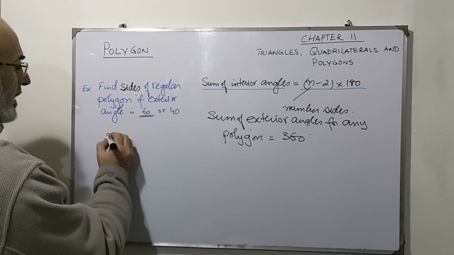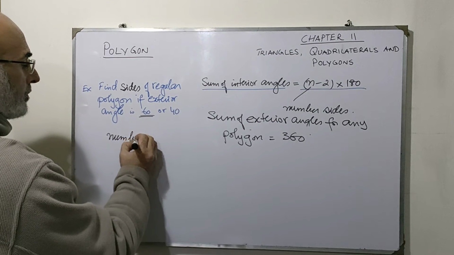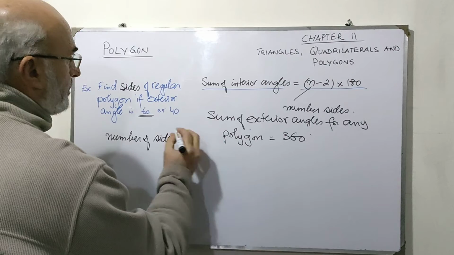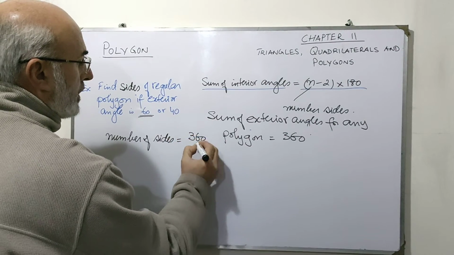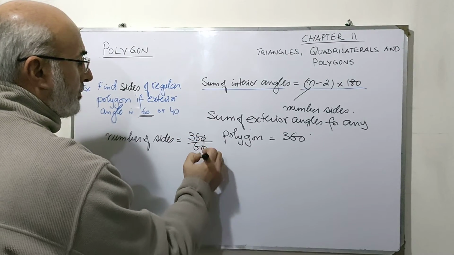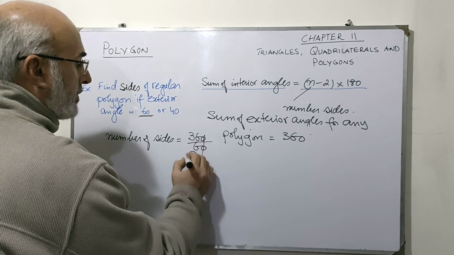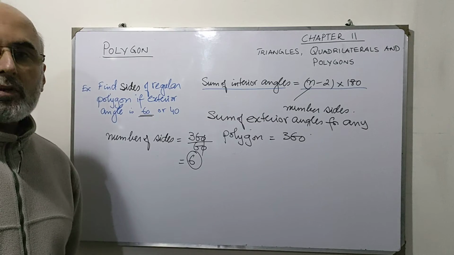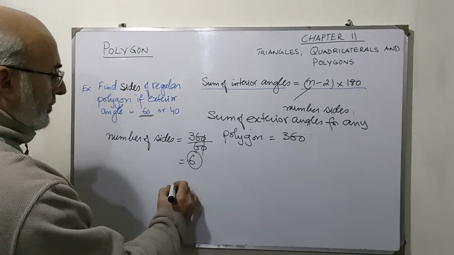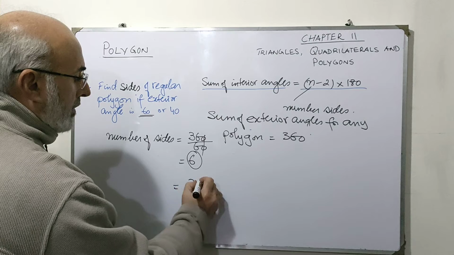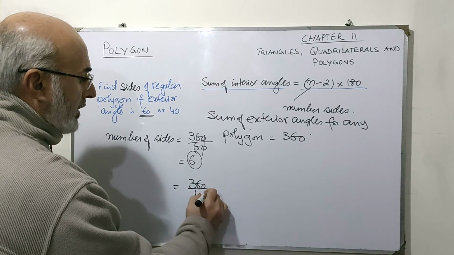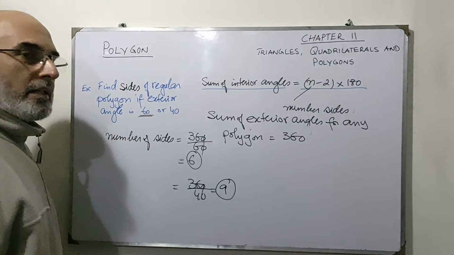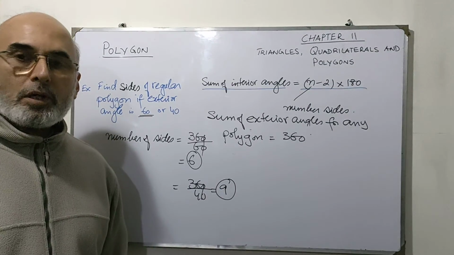So number of sides equals 360, because it's a total, divided by 60, and it's a 6-sided polygon, right? So it's a hexagon. And if the angle is 40 degrees, what do we have here? 9. It's a 9-sided polygon, right?